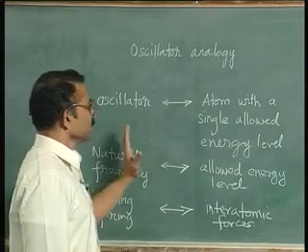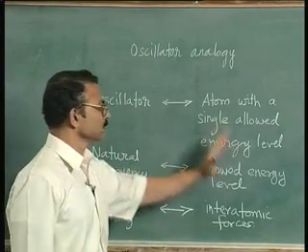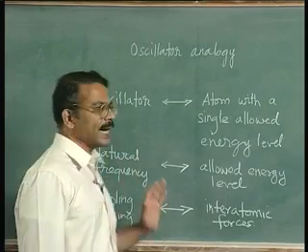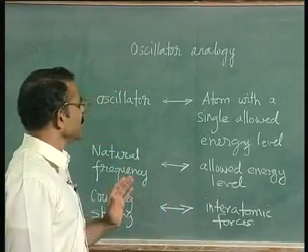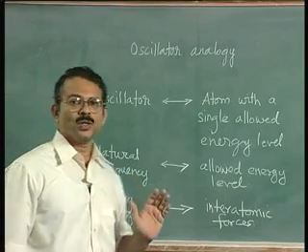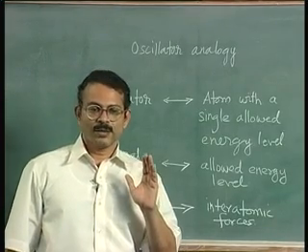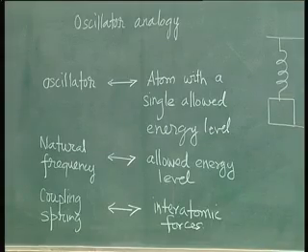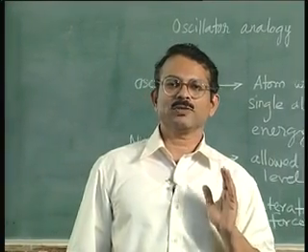So if you look at the analogy in this particular way, then we will easily understand how a single energy level splits into more energy levels equal in number to the number of atoms which are getting coupled.